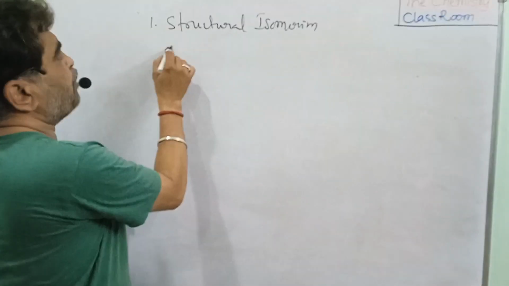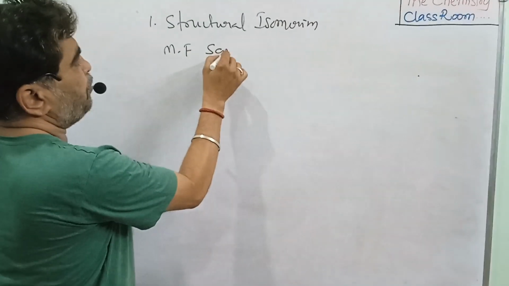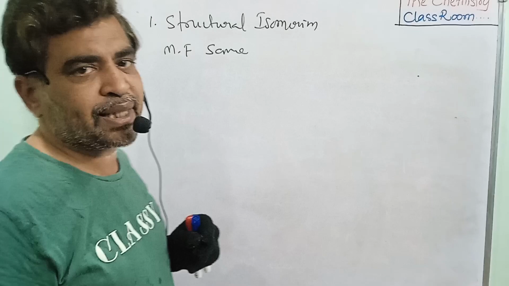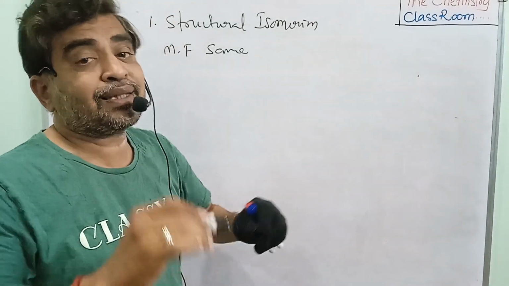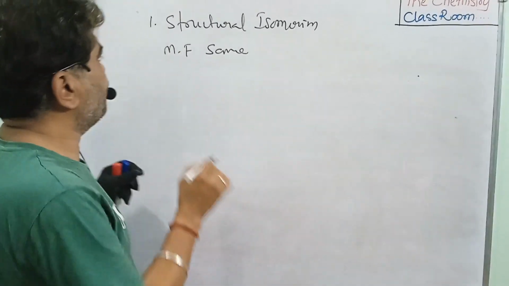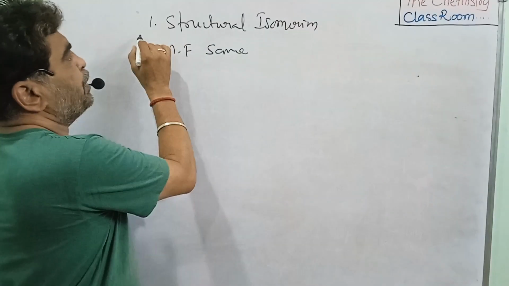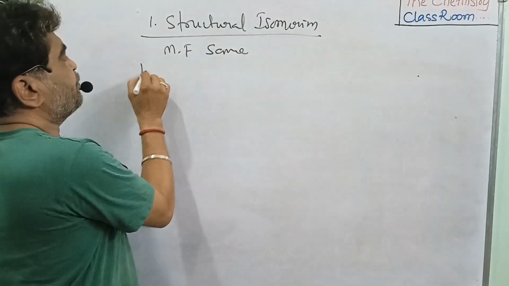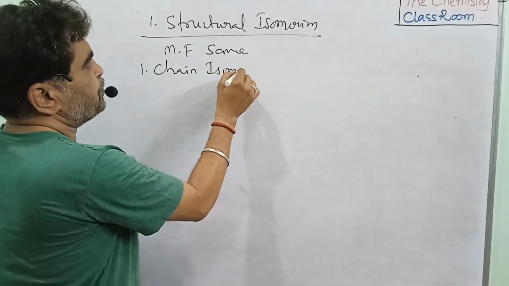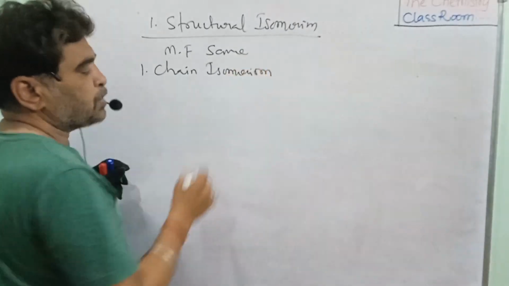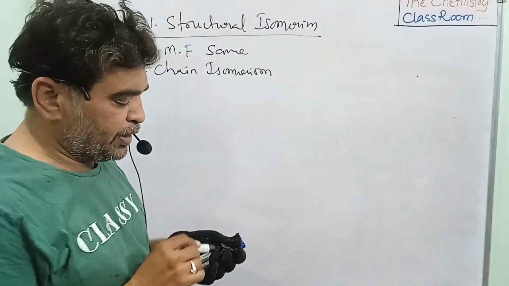Here the two compounds have the same molecular formula, but they differ in the structure of the molecule. The first one is chain isomerism. So how do they differ? Now we see.